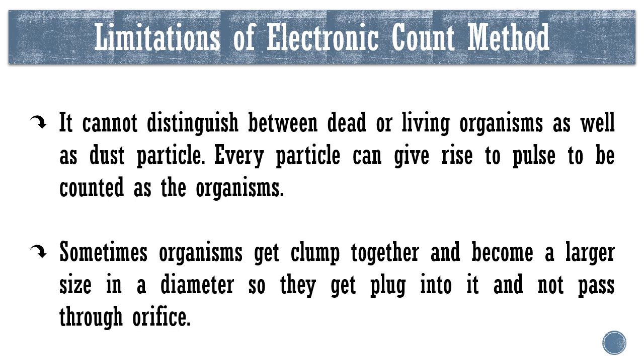And sometimes organisms clump together and become a larger particle, which plugs the orifice, so it cannot easily pass through and gets stuck. So these two are major limitations of this electronic count method.